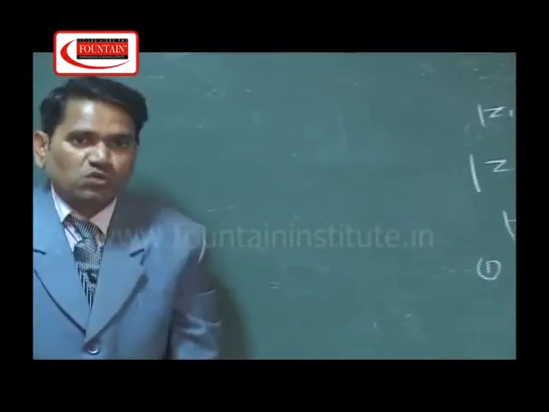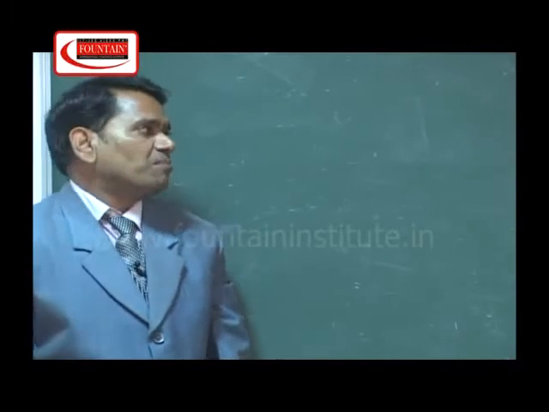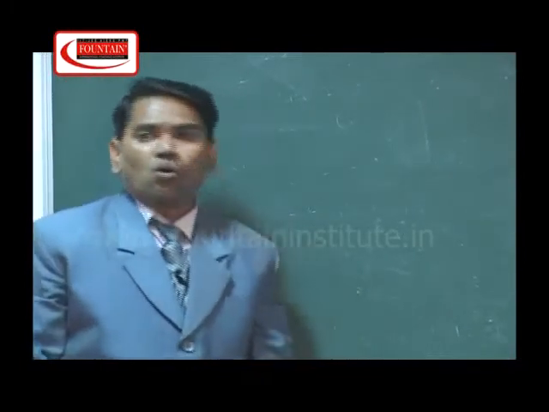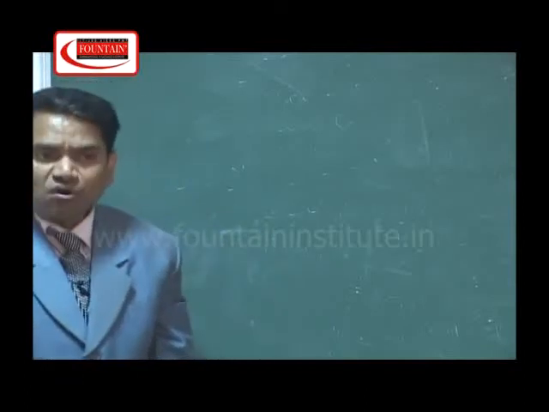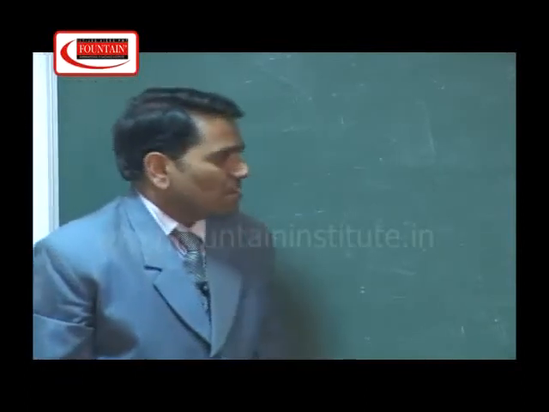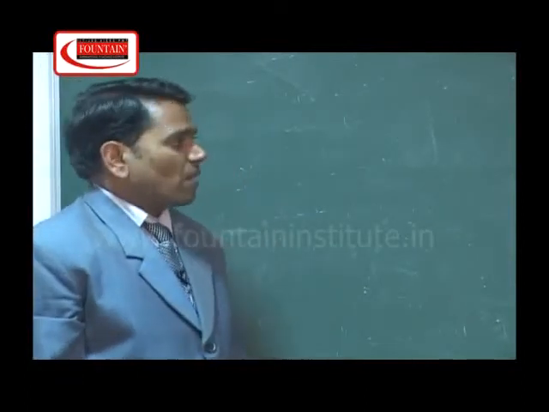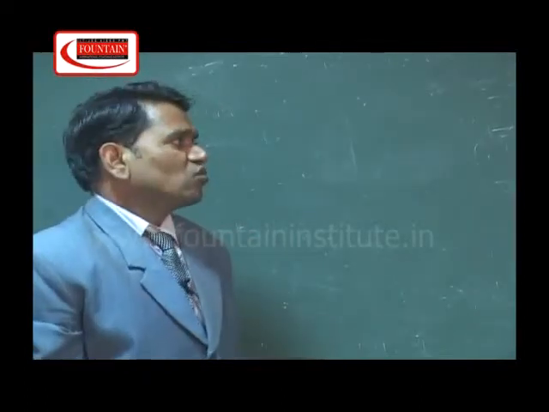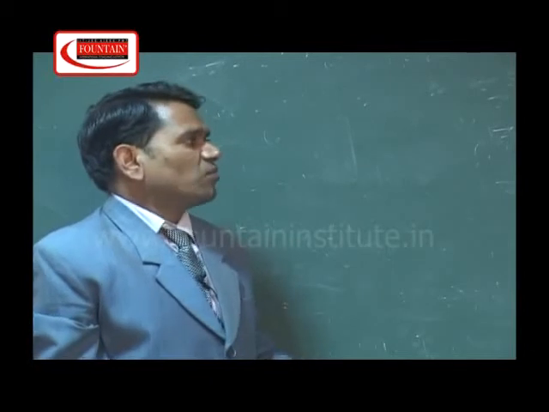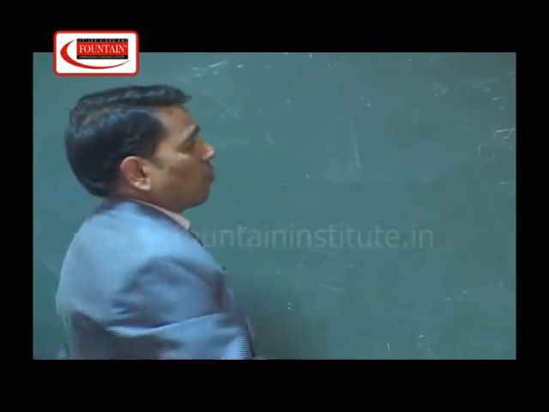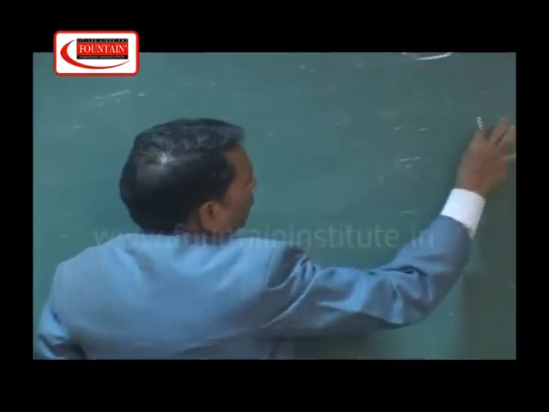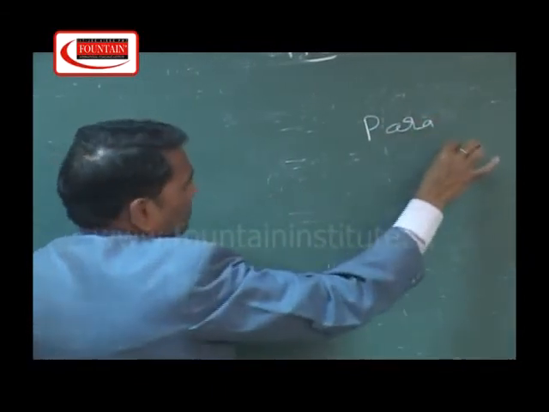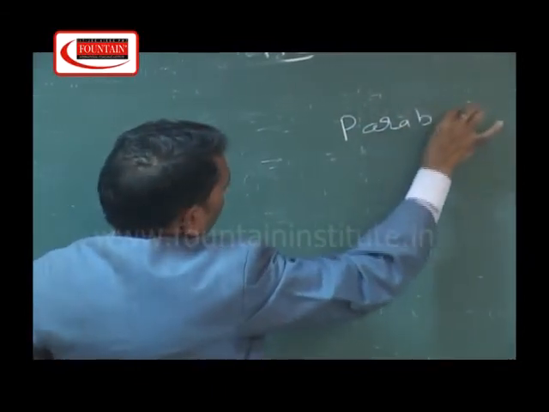Parabola. So first you have to define what you mean by parabola. Parabola, you can say, is a section of a cone, a conic section. Before you read imaginary parabola, you must know the real parabola. So parabola is a section of a cone.